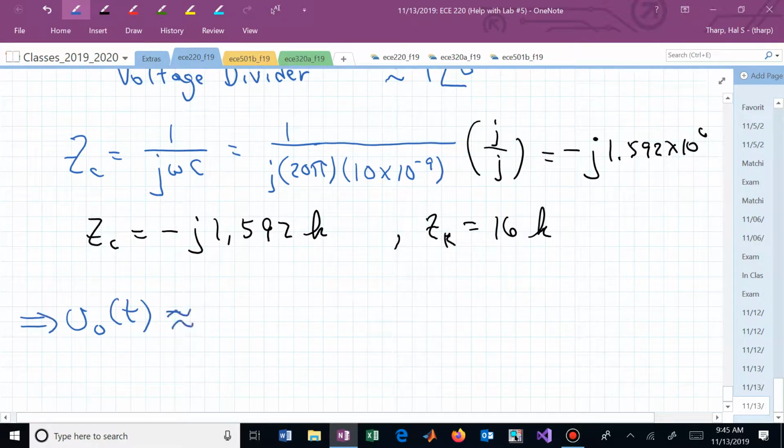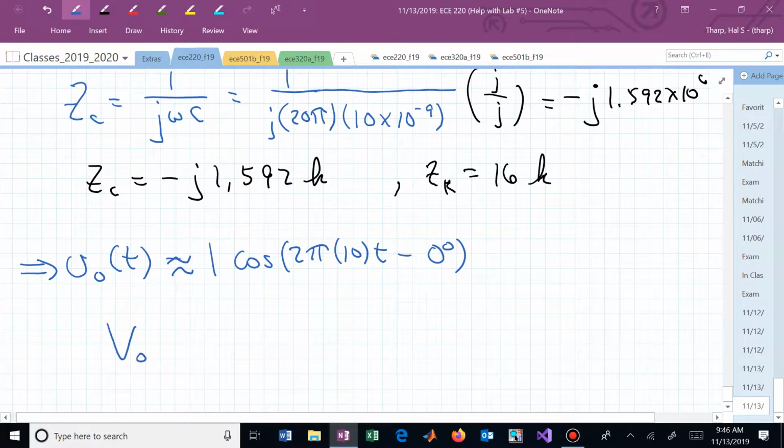That's now approximately 1 cosine 2 pi f t, because I had, let's say, minus 0 degrees. Since my V sub 0 bar was approximately 1 at 0 degrees, this 1 is there and the 0 is there.